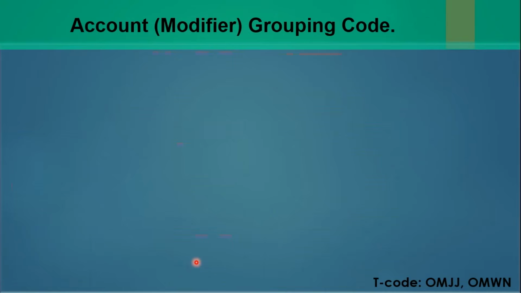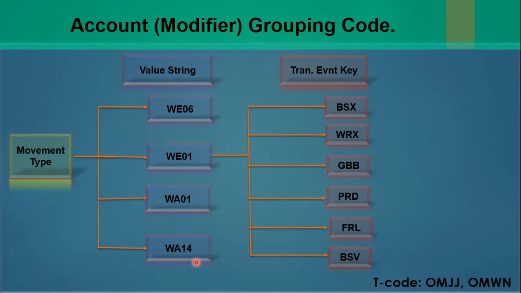So next is the account grouping code or account modifier. What exactly happens is, we have seen this, but for certain movements the account modifier comes into the picture. Those transaction keys are GBB, PRD and KOM. In material management there are three transaction event keys which have a further account modifier or account grouping code: GBB, PRD and KOM.